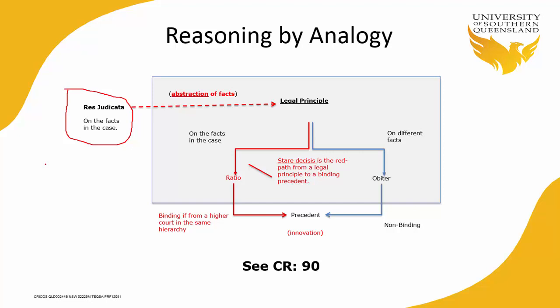And the reason for that is that the decision you're looking at, so for example Donoghue and Stevenson, was talking about an obiter rather than a ratio. So if you find a statement by the judge in Donoghue and Stevenson that talks about facts different from the facts in that case, for example, a statement by the judge saying that however, had the ginger beer bottle been bought by the plaintiff herself, then there would be, for example, a remedy in contract.